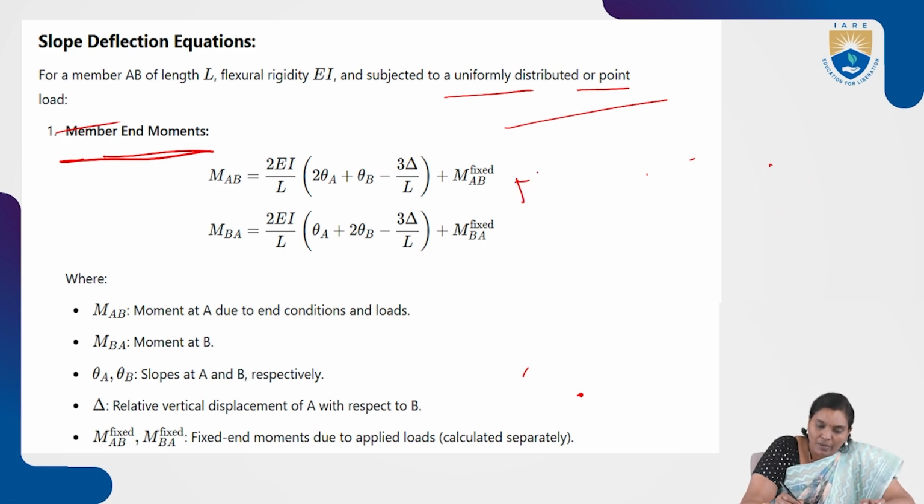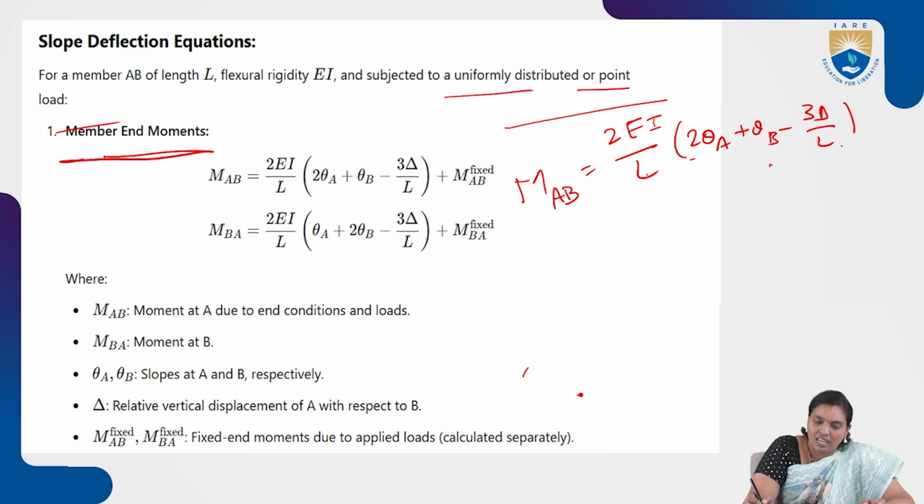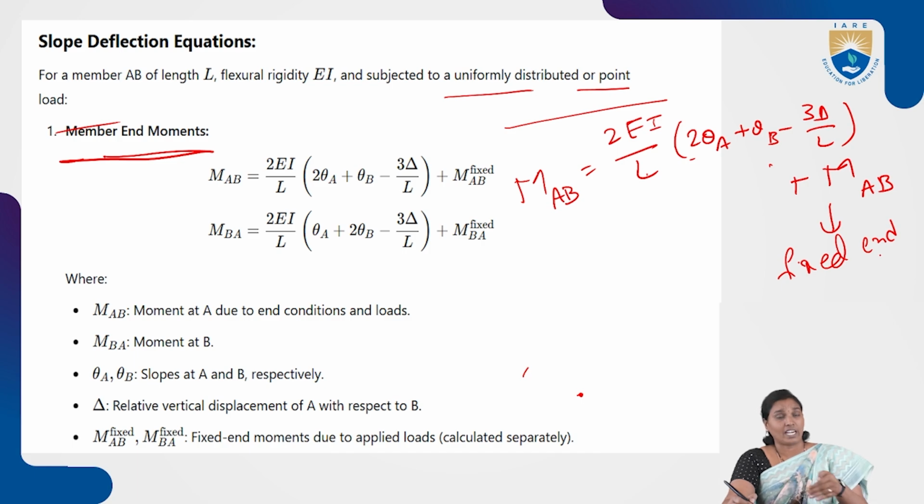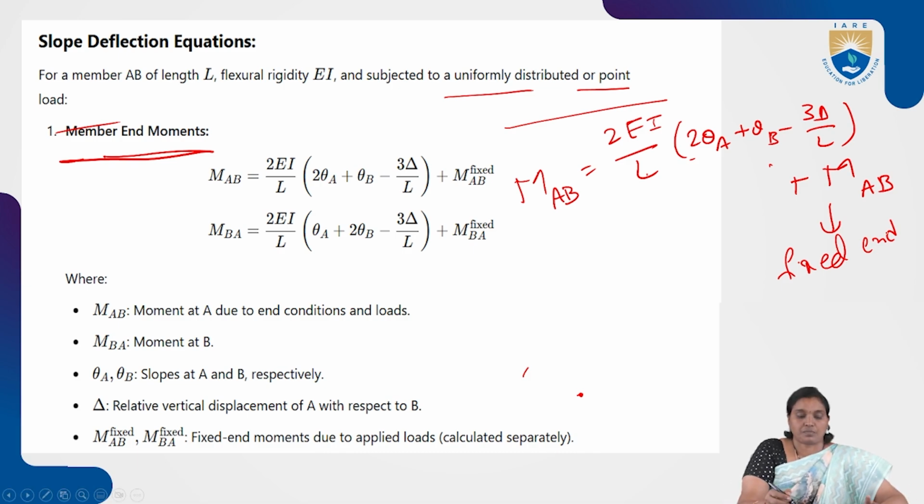So these member end moments are: M_AB = 2EI/L (2 theta A plus theta B minus 3 delta/L) plus fixed end moment AB. This is nothing but the value of the fixed end moment. It will come from what kind of element it is and what kind of loads there are. These are the parameters involved.